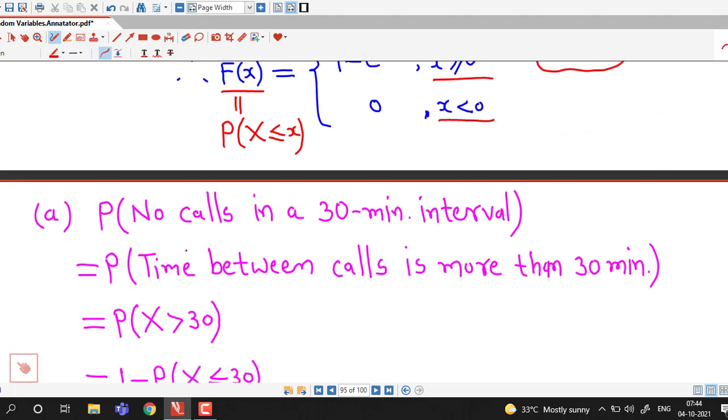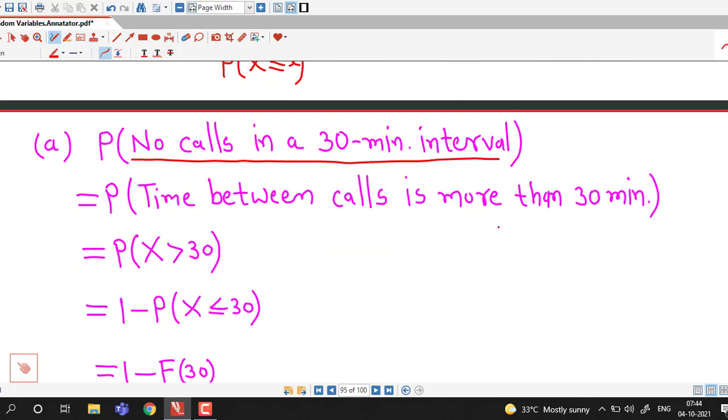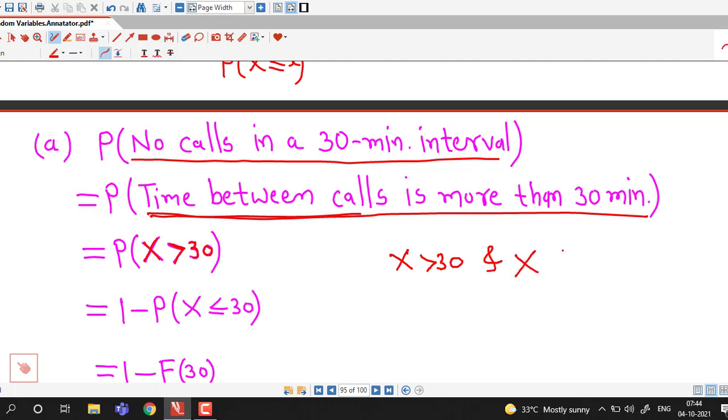So we have written here that the probability that there are no calls in a 30-minute interval is nothing but the probability that waiting time between calls is more than 30 minutes, and time between calls is our random variable capital X. So we can represent this by capital X strictly greater than 30. Now we know that these two events, X greater than 30 and X less than or equal to 30, are complementary events, so the sum of their probabilities must be 1.